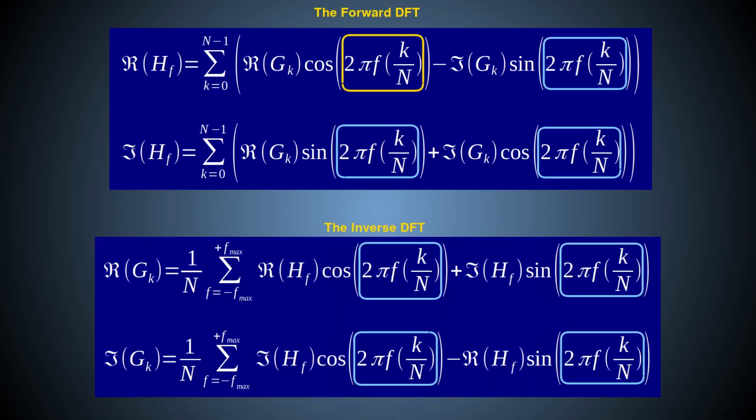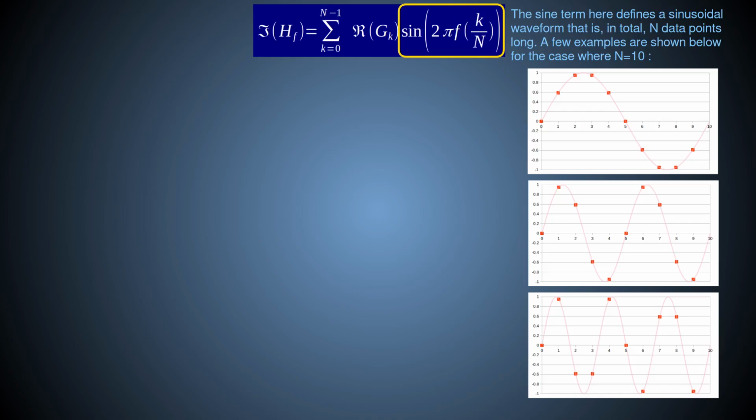To keep the explanation as simple as possible, I'll use the first sine term of the imaginary Fourier coefficient in the forward DFT shown here as an example. The meaning will be the same for all the other times it's used in the rest of the formulae, so there's no need to clutter up the screen. Essentially, this term defines a sinusoidal waveform that is, in total, N points long.